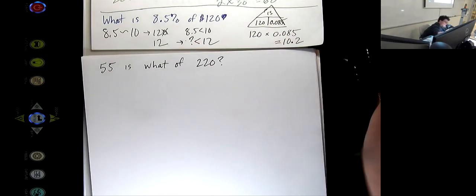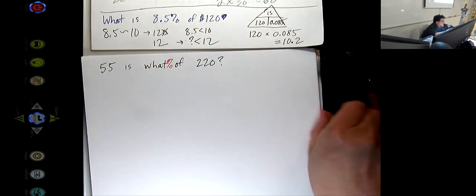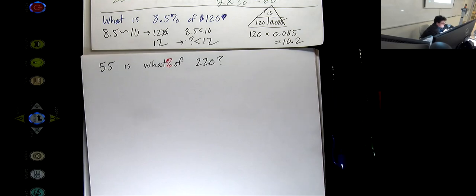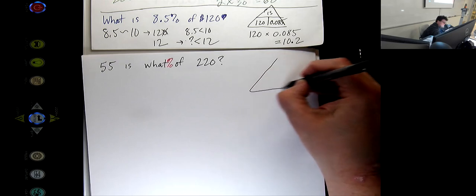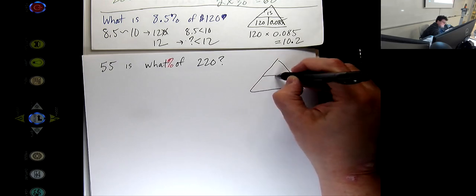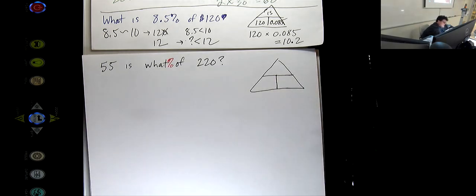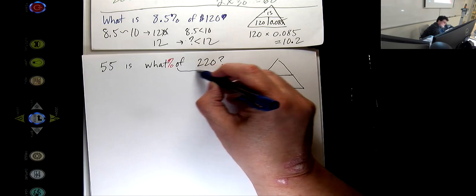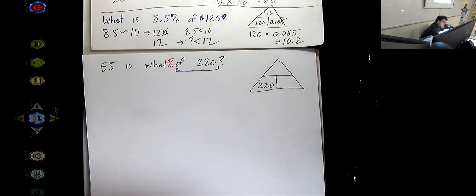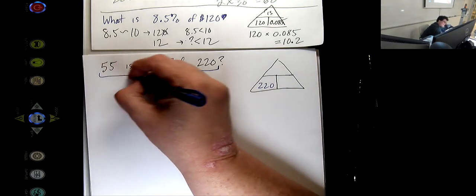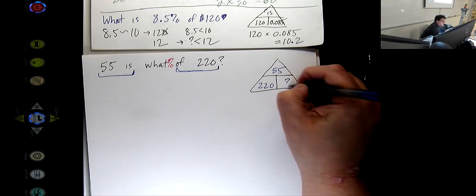I didn't write the percent sign, I just said it. 55 is what percent of 220? So my of has the 220 next to it. I'll put that in the of spot, which is on the bottom on the left. And my is next to the 55, and that's gonna go on top. So my percentage is the question mark.